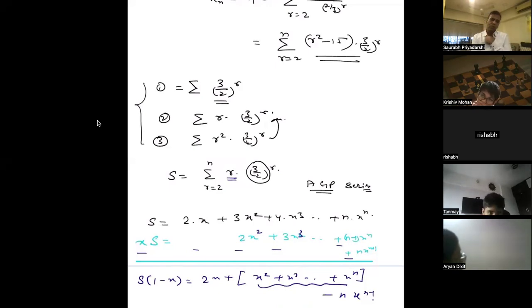You can solve this for r cube also and different numbers also. Also with the help of differentiation, you can find the summation of this.